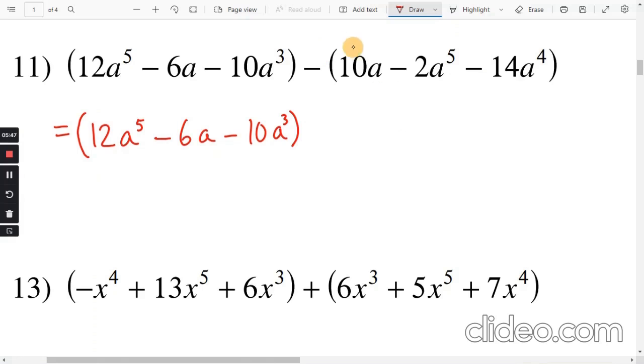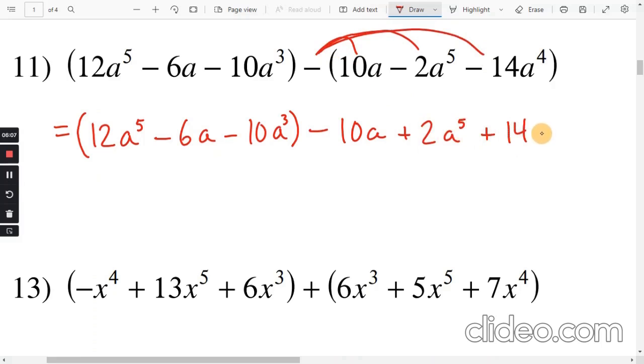So negative 10a, and then negative times negative 2a to the 5th gives us a positive 2a to the 5th. And negative times negative 14a to the 4th gives us positive 14a to the 4th. Okay, so notice each sign, plus minus sign, changed when we distributed the negative.